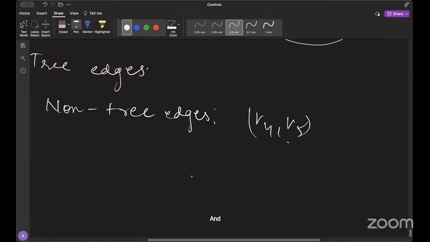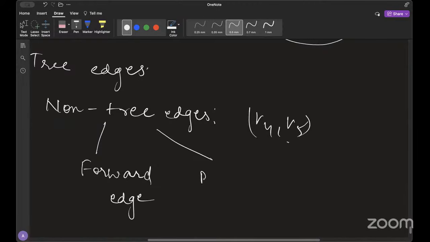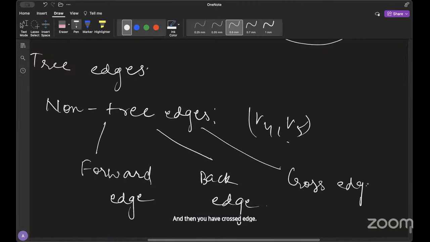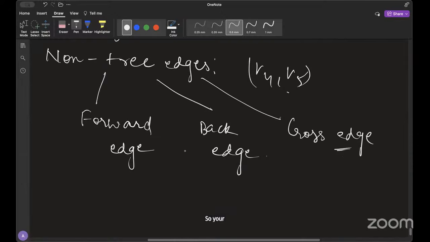And there are 3 types of non-tree edges. So one is a forward edge. Then you have back edge. And then you have cross edge. So your pre-numbers and post numbers help with this.